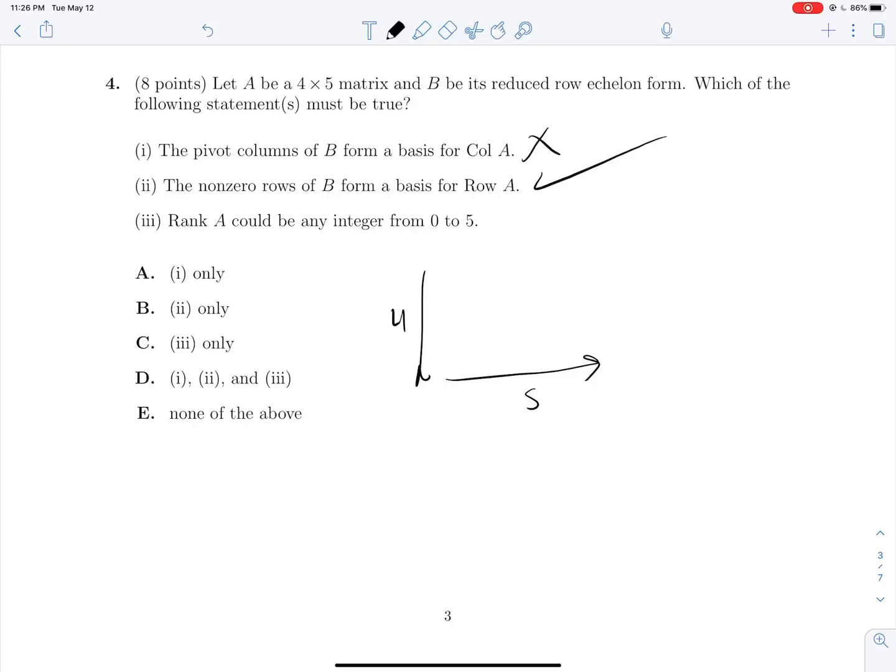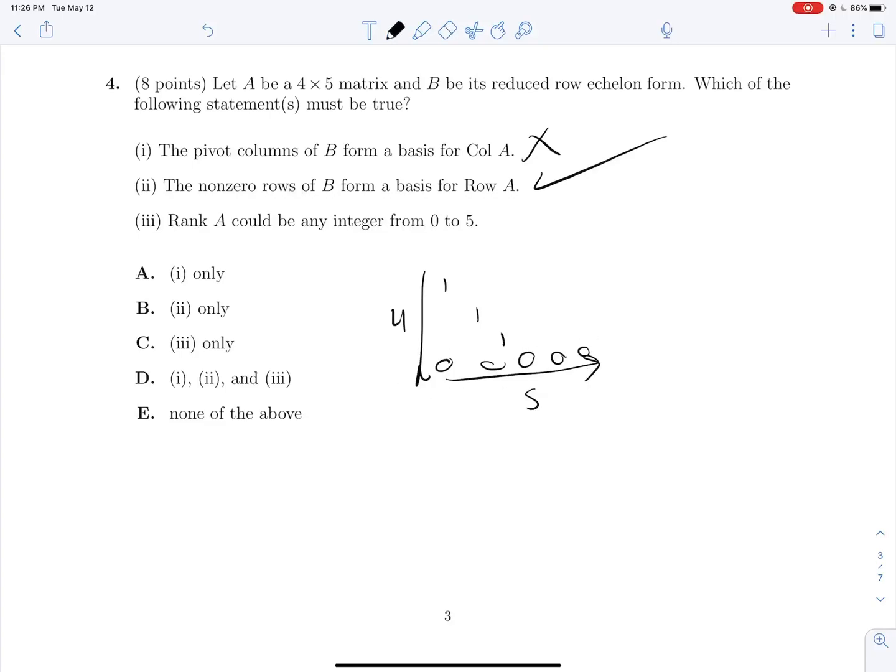You should also note that the non-zero rows of B are the same thing as the pivot rows, because in an echelon form, the only rows with pivots in them are also the only non-zero rows. The only way we don't have a pivot is if we end up with a row of all zeros.